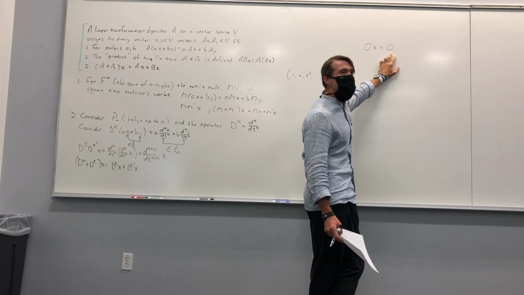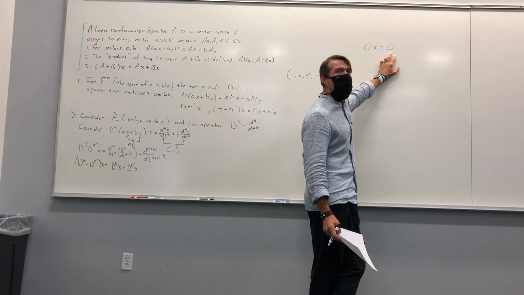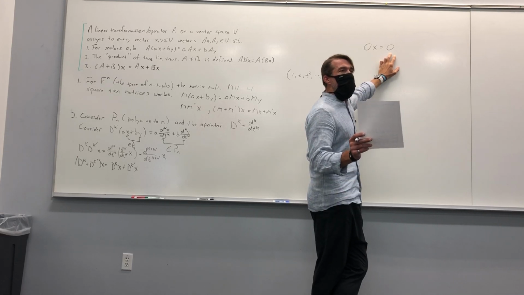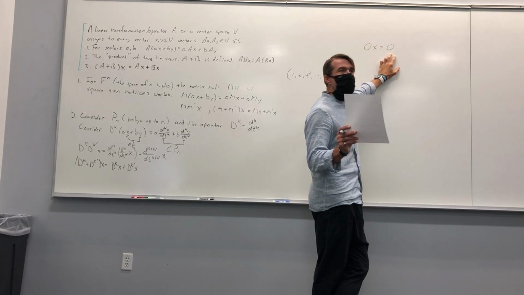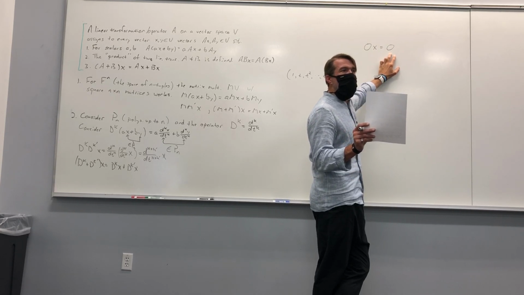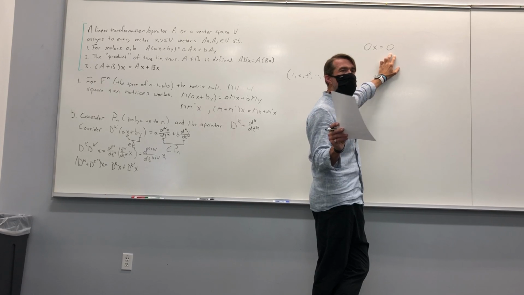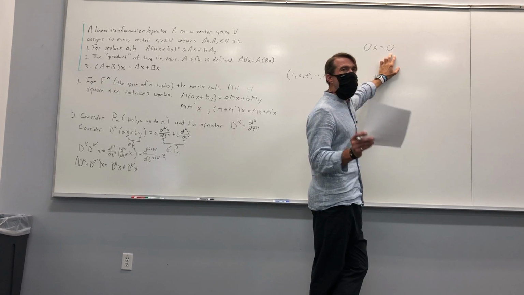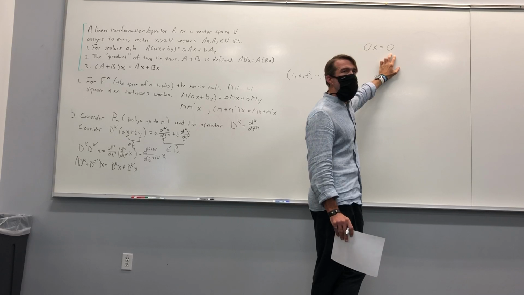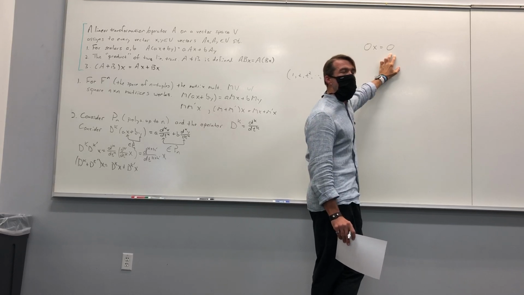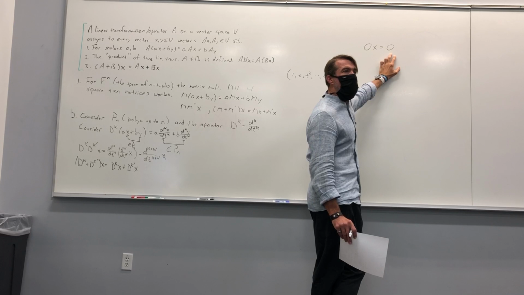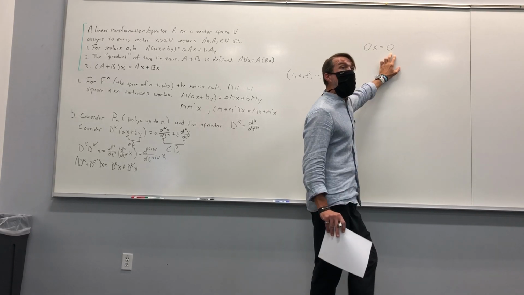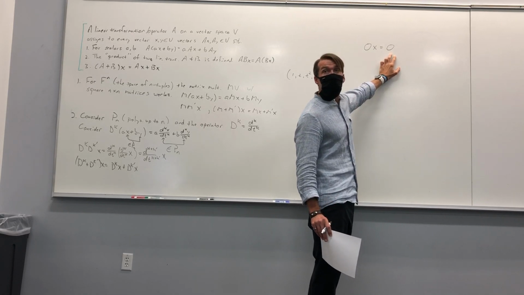Is this an element of the vector space? I remember this came up and you said the zeros were funny, are they not really in the space? So in the definition of a vector space, what's the first condition? Everybody go back to the definition of a vector space and tell me what the first of the two conditions are. Is 0, exactly. Every vector space has to have 0.